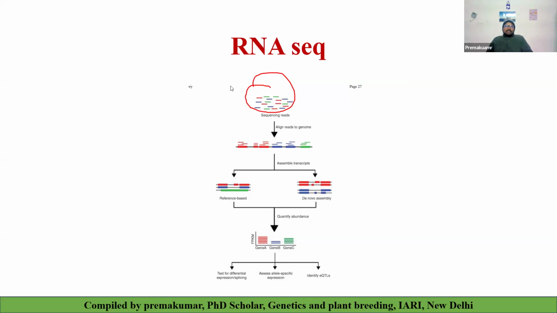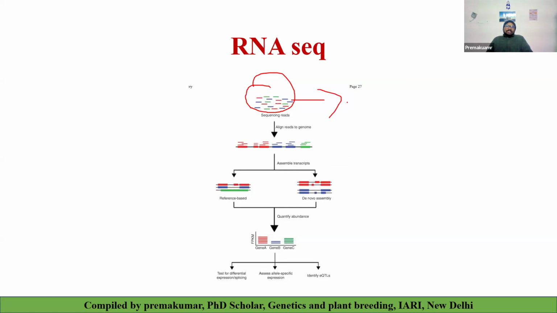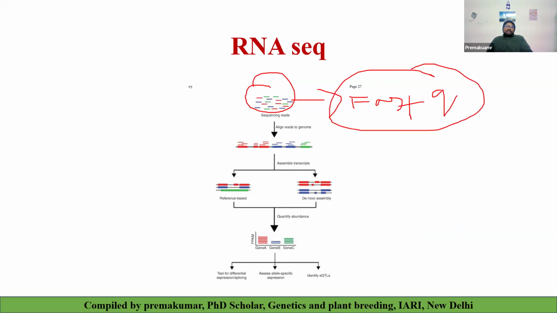After the machine runs and generates raw reads, we store the raw reads in FastQ files. Yesterday I showed what a FastQ file is. After alignment, one file will be generated.